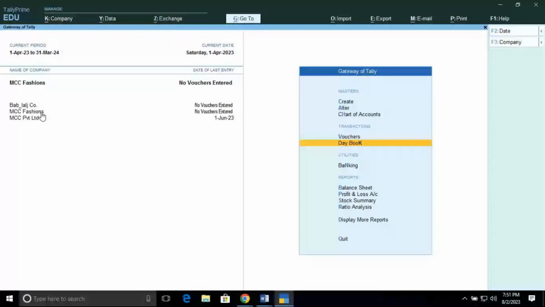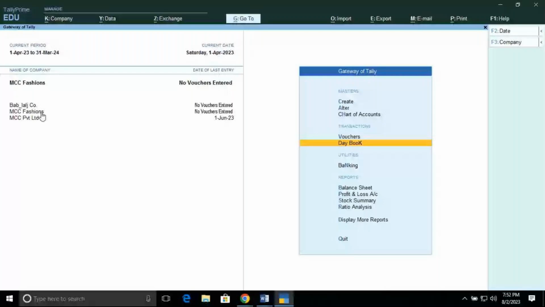Now write transaction number 1, 1/4/23, 1st April 2023. Shall I tell the transaction? Please write.